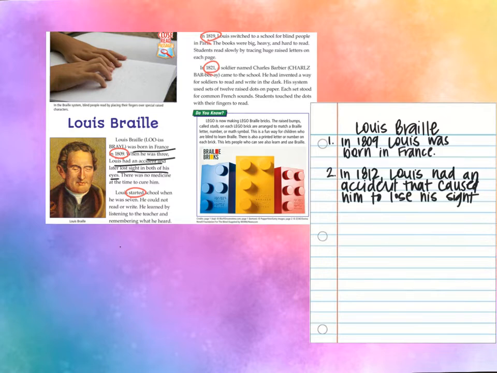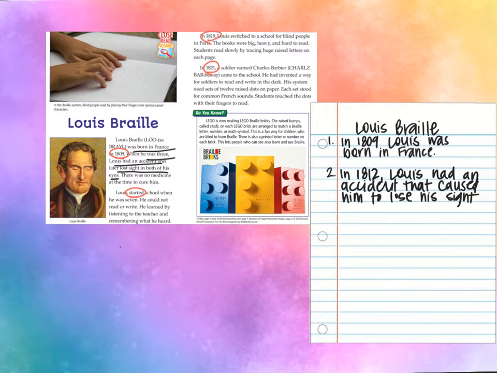Okay, so there's another chunk of text, so I'm going to stop right there. I'm going to ask myself, was there anything important that happened in that piece? And I see that I circled that word started, because to me, that's a signal word that's telling an event is happening. So what started there? When he was 7, he started school.